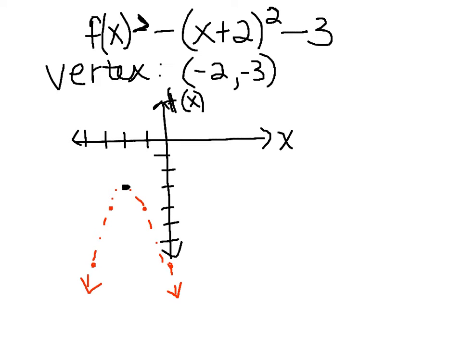Now I've just got to figure out where I want to shade on the grid. In order to do this, I'm going to plug in the point 0, 0. I'm going to use a test point to see whether I need to shade inside the parabola or outside the parabola. So when I plug in 0, 0, 0 is the y and 0 is the x.